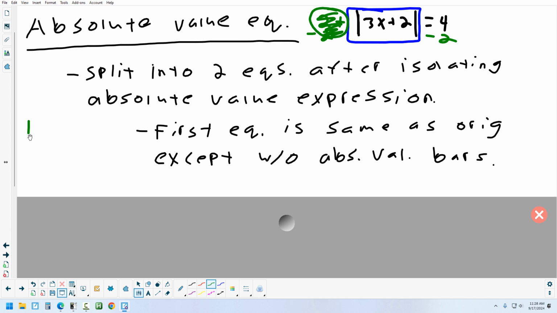Okay, and I'll make one up right here, just to show you how it splits up. Once you get the absolute value by itself, you're going to split it into 2 problems. The first one, you just take out the bars. 2x minus 7 equals 5.